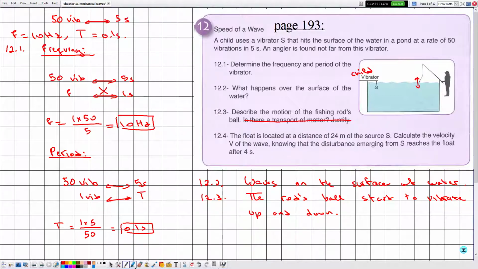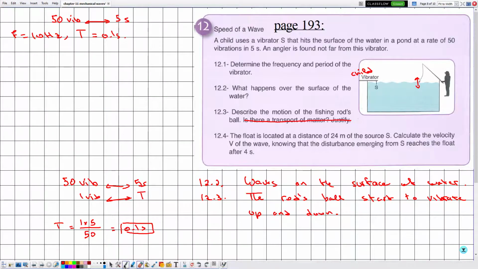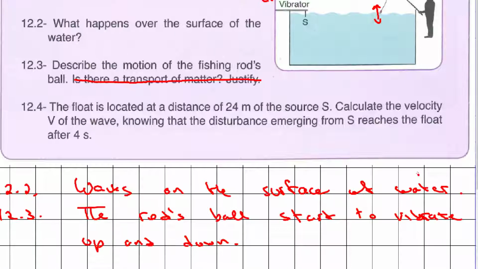Now in 12.4, they are telling us the float is located at a distance of 24 meters. So d is equal to 24 meters. Calculate the velocity v of the wave, knowing that the disturbance emerging from us, so the disturbance is the wave, reaches the float after 4 seconds.